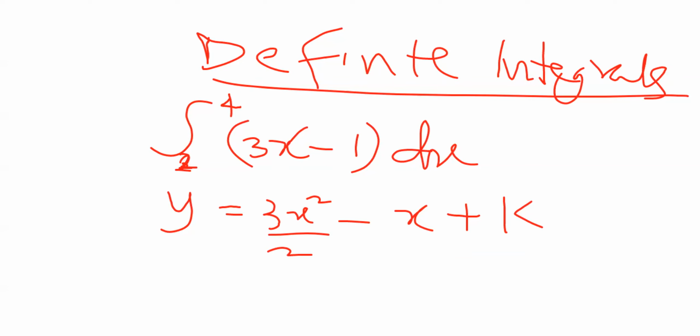It means to add 1 and divide by the new power. And this is ordinary 1, which is a constant, which will become x.